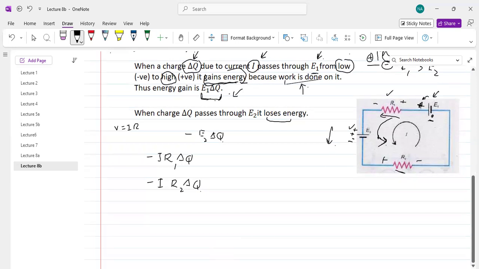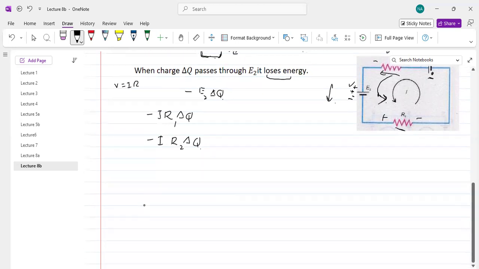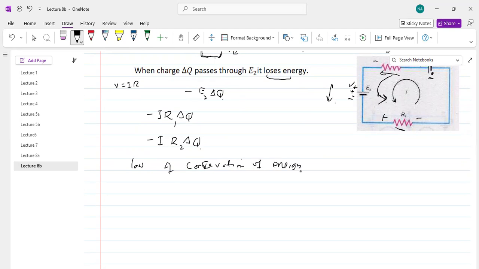And according to Kirchhoff's voltage rule, or Kirchhoff's second rule, based on the law of conservation of energy, if there is no sink or source, then the total change in energy must be equal to 0.